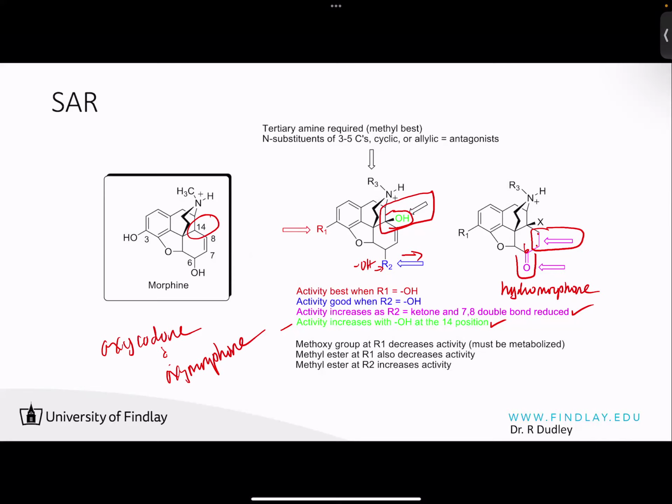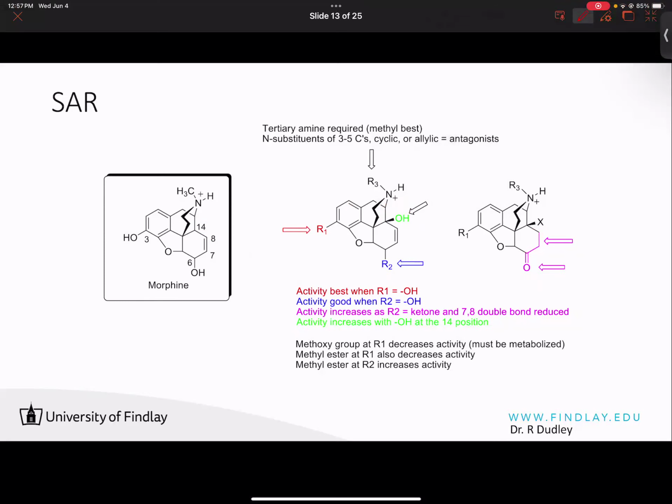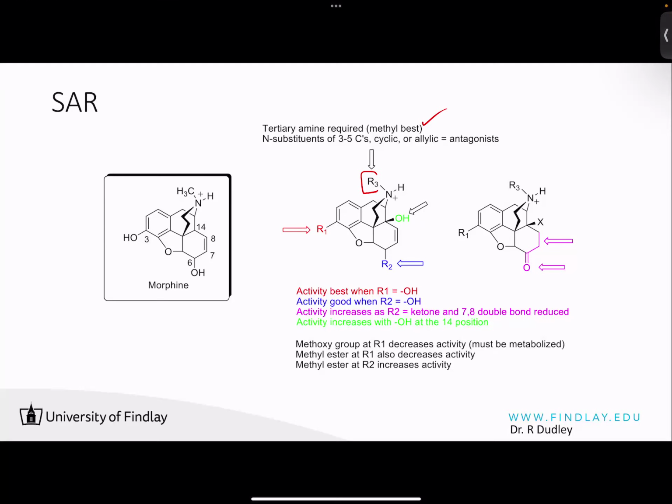Okay. Then lastly, what about the northern area of these molecules? Is there anything interesting or important to say about what's going on topside? And with regard to the R3 position, it turns out that that methyl group is probably optimized as is, because when you start to make homologs such that you have an ethyl or a propyl or a butyl substituent, you actually decrease activity.